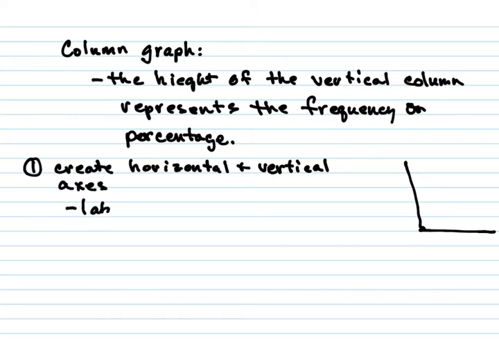Again, if you don't label them carefully, then you're going to have problems. And the general label that you're going to use for the vertical one is simply frequency. But if you're measuring percentages, you would label that percentages. All right. So percentages or frequency. Either one of those is an acceptable title.